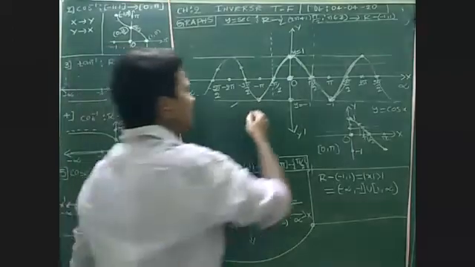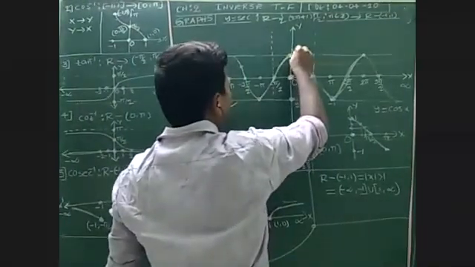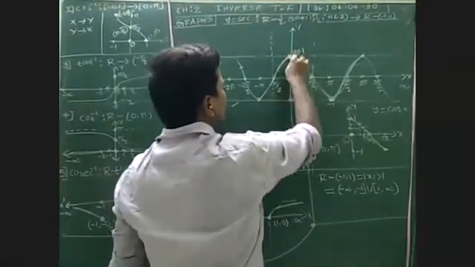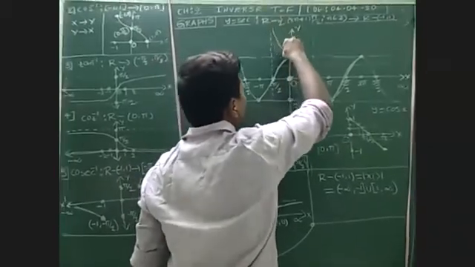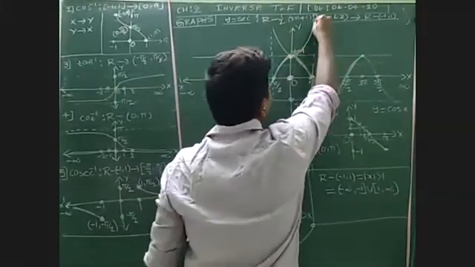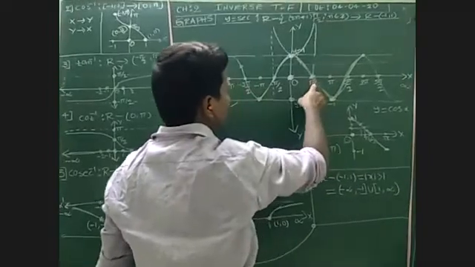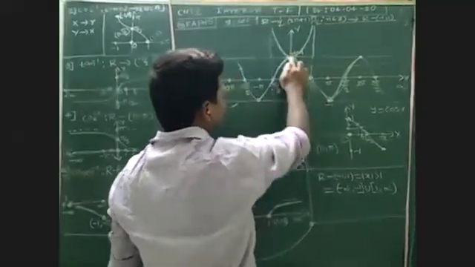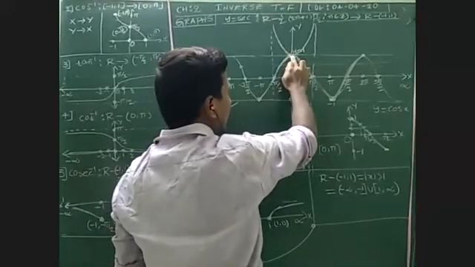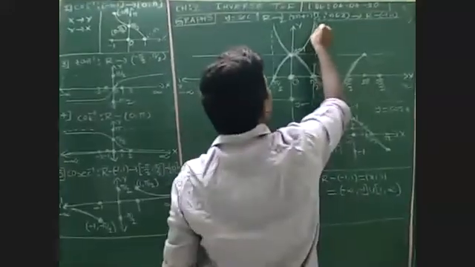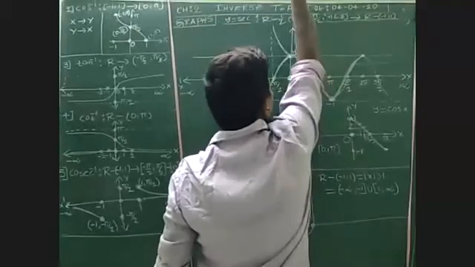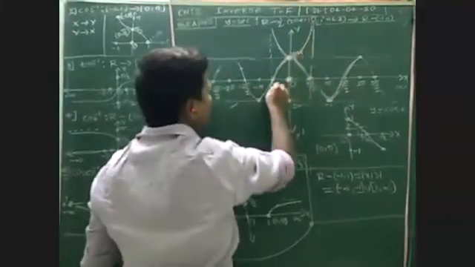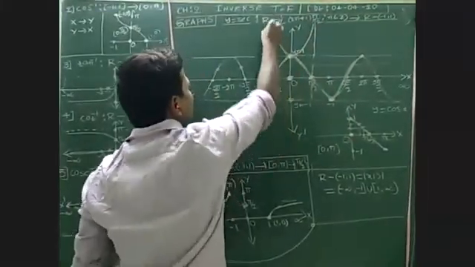Once again we'll revise. The graph of secant x is very simple. Secant 0 is 1, and between 90 to minus 90, we'll get one loop of secant x. Secant 0 is 1, secant 90 is infinite, so it will move to infinity. Here secant minus 90 is also infinite. Why?